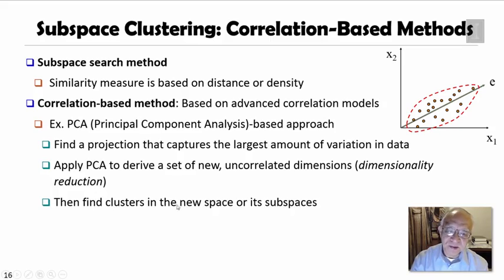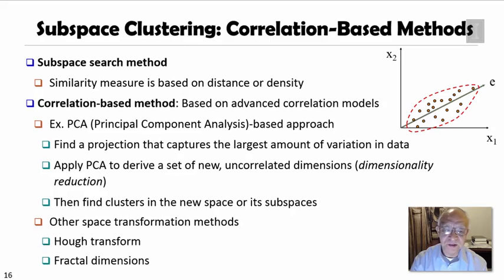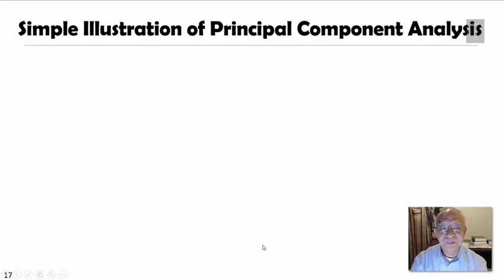Then we can find clusters in the new space or its subspaces, finding clusters in the lower dimensional space. Other correlation-based methods include Hough transform or fractal dimensions. We're not going to introduce these; interested people can read Wikipedia or some textbooks.